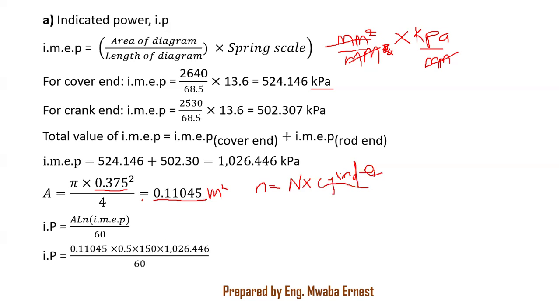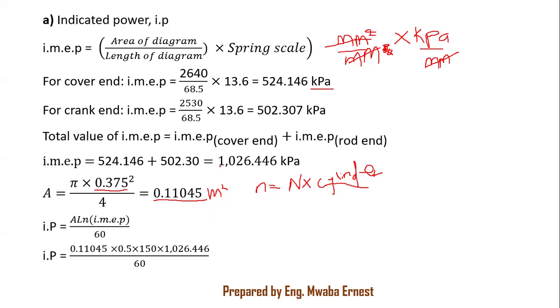The area is this one we have here, 0.11045, so we substitute. The length of the stroke was 500 millimeters, so it's 0.5. Then n, the rotational speed of this machine was 150 revolutions per minute, times number of cylinders, which is 1. So we just leave it like that, 150.